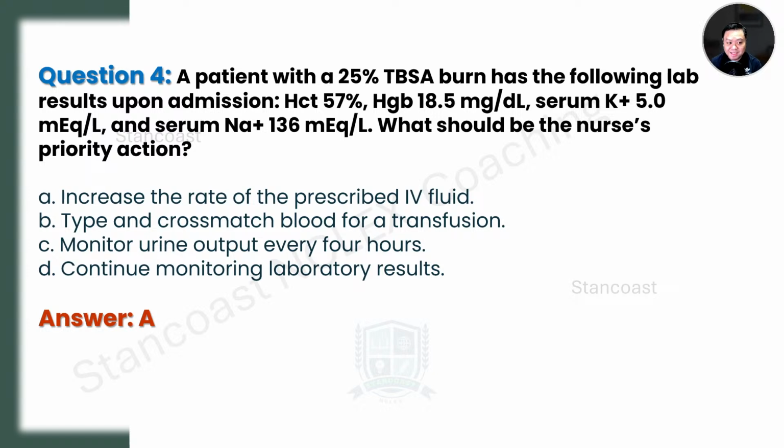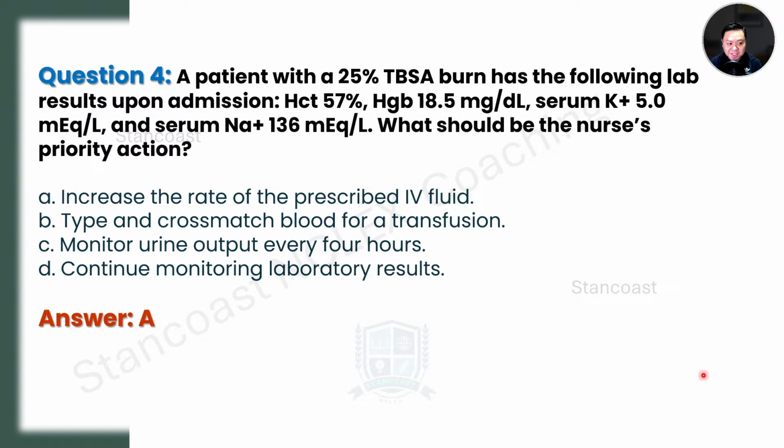If you selected letter C, monitor urine output every 4 hours, that is insufficient. If you have this 25% TBSA burned and with a dehydration that is being assessed, your patient will require much more frequent monitoring of their urine output. You should be doing hourly urine output assessments, not every 4 hours.